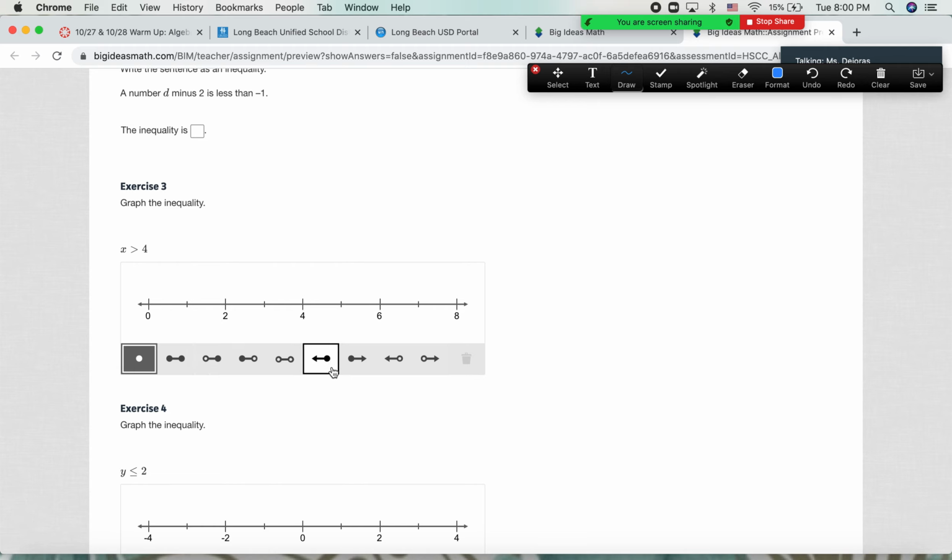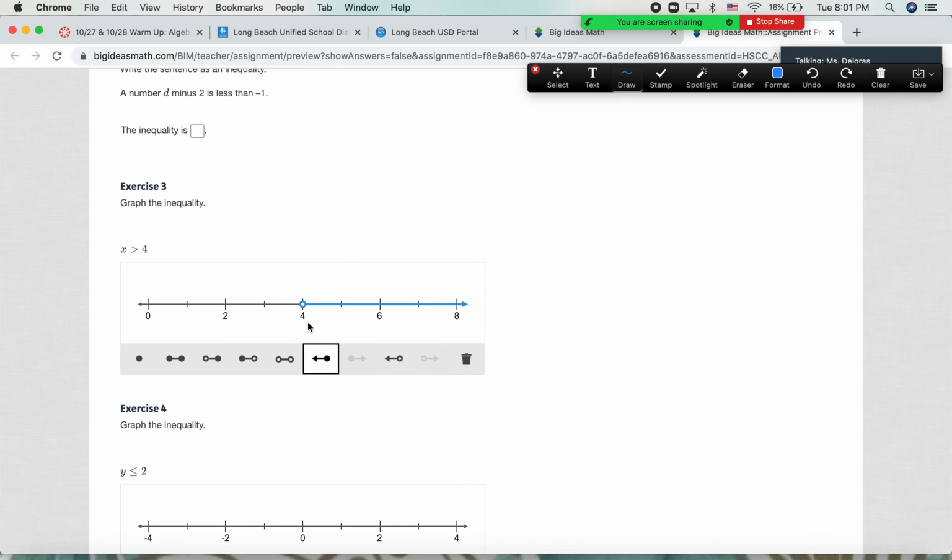Or we can graph circles with an arrow shading in either direction, right? So we found out that if we have this symbol greater than, that indicates an open circle, and shading to the greater than 4 means we're going to shade to the right. So I'm going to go ahead and click on my open circle shading to the right, and I'm going to click on 4, and it will move my graph option to the graph in the box.